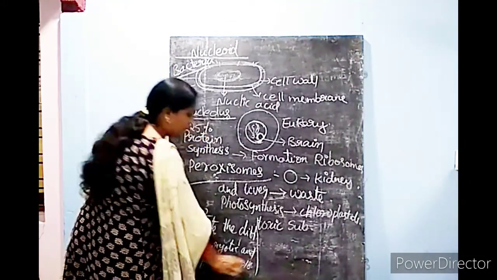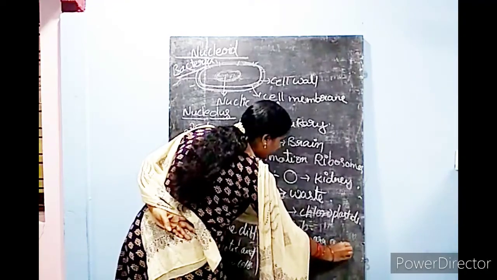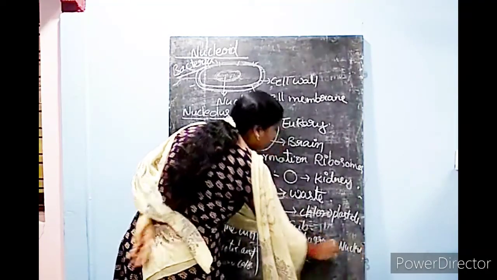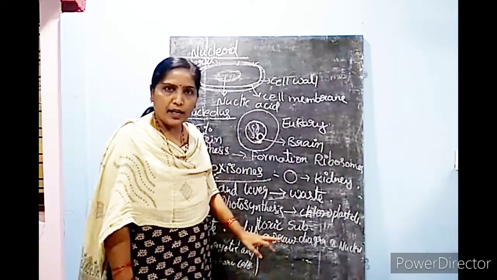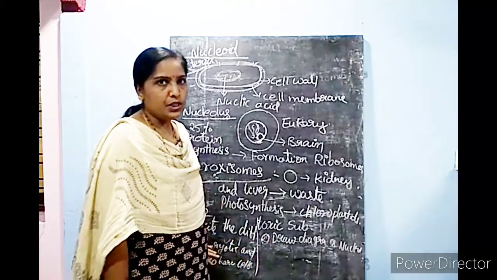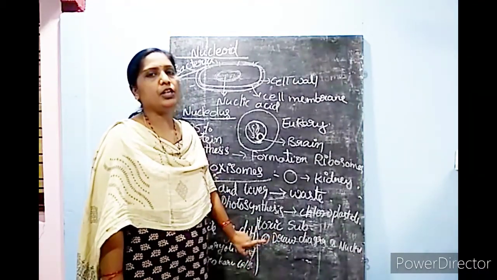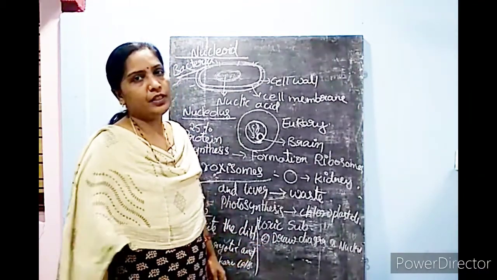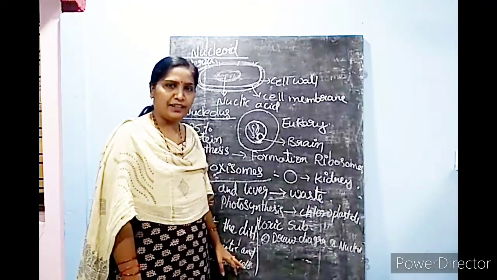And the next one is the nucleus: draw the diagram of a nucleus and label all the parts. Write these two answers in your notebook and be ready for our next class, children. Thank you.